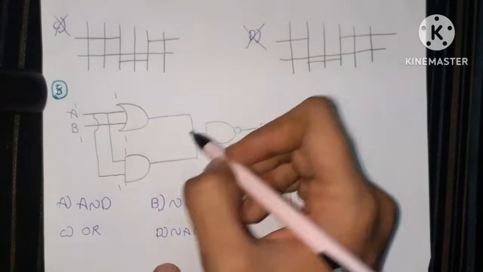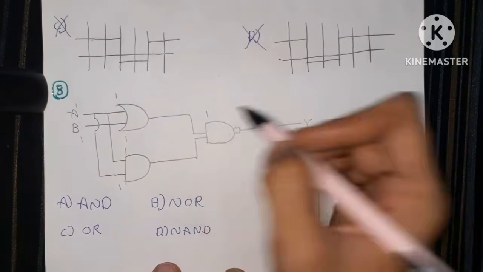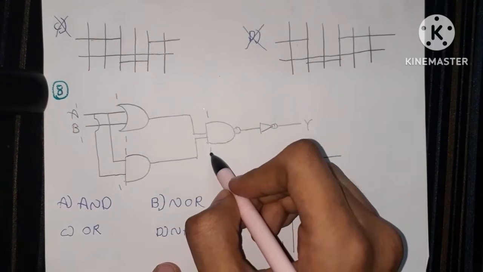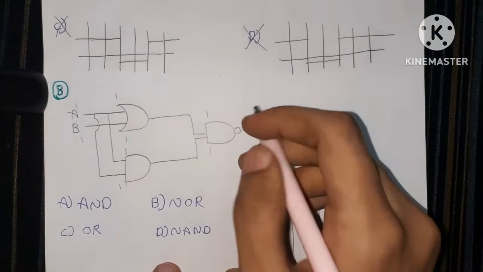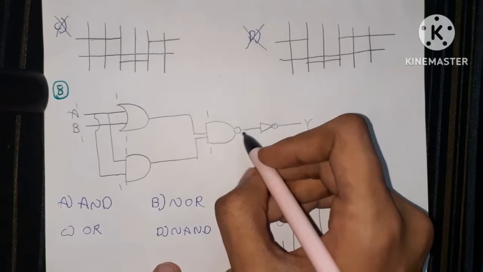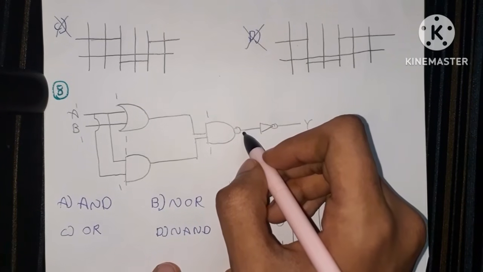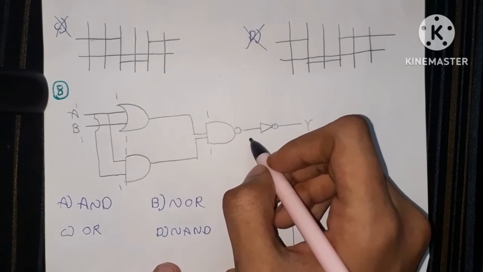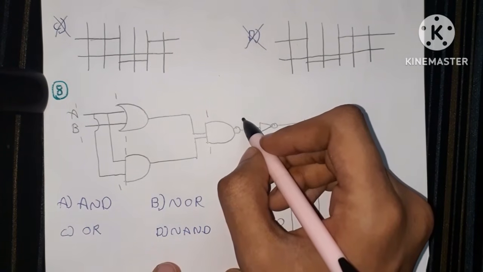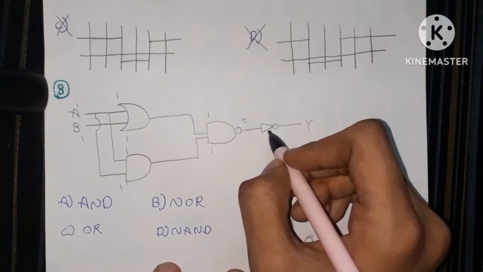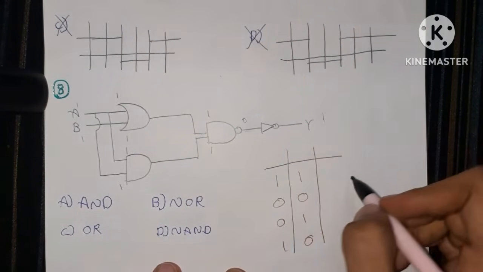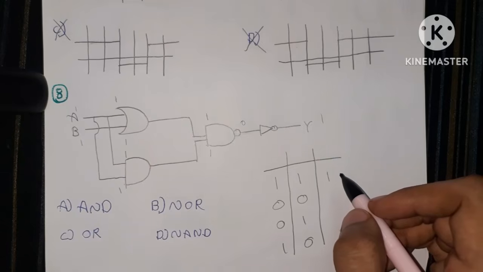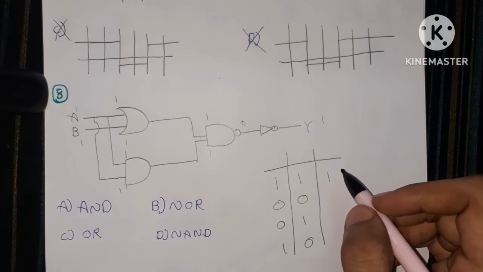If there is 1 and 1 here, here we will get 1, and here also we will get 1. If there is 1 and 1 as input at the AND gate, then the output should be 1, but there is a NOT gate attached to here. The output will be transformed into 0, and passing through another NOT gate attached, the output will come as 1. So 1 and 1 gives 1. Okay, we are getting 1 and 1 as 1.